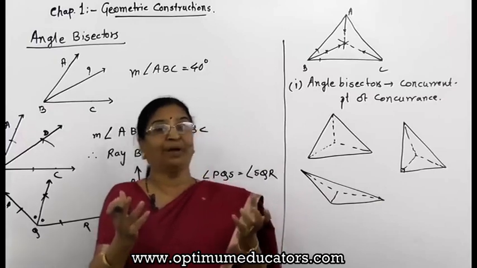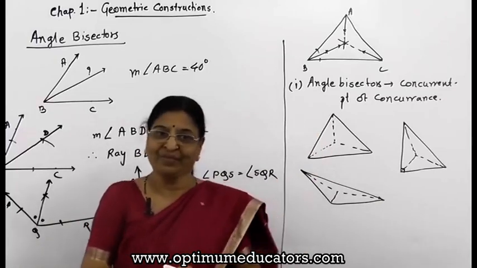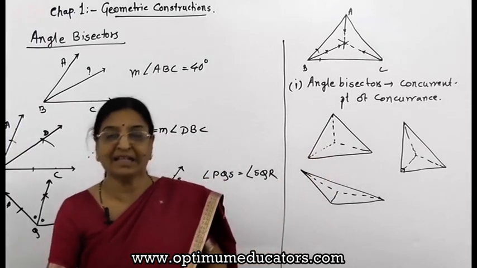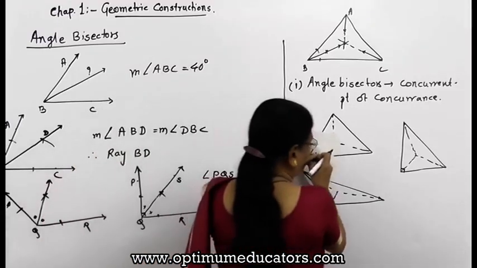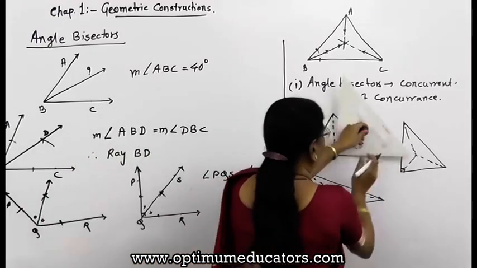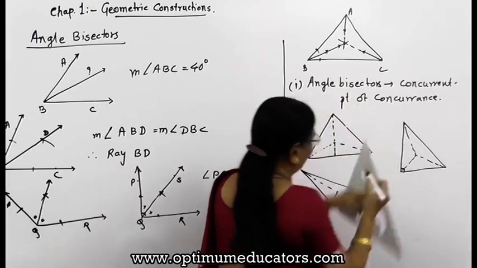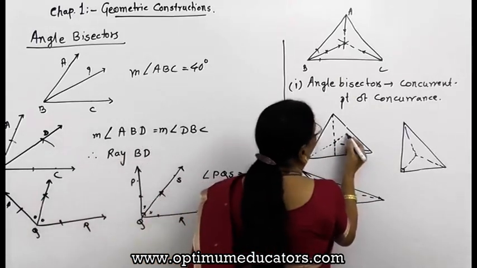Then what about the special feature for this point of concurrence? If you take a set square and draw a perpendicular from this point, you know how to draw a perpendicular. So draw a perpendicular from that point on each side.